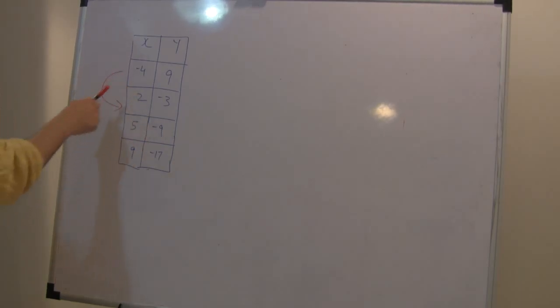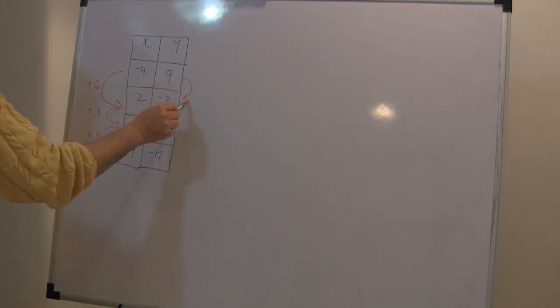So what's the change here? Plus 6, right? Minus 4 plus 6 is 2. And what's the change here? Plus 3. What's the change here? Plus 4. 5 plus 4 is 9. So what's the change here?